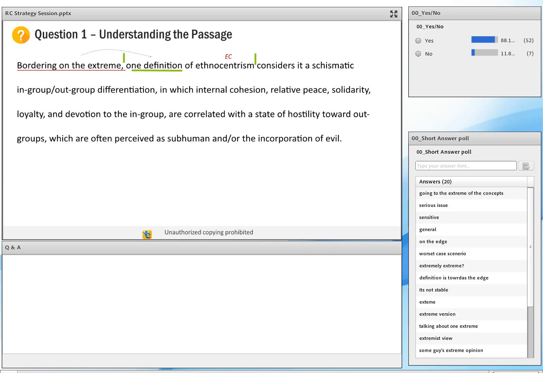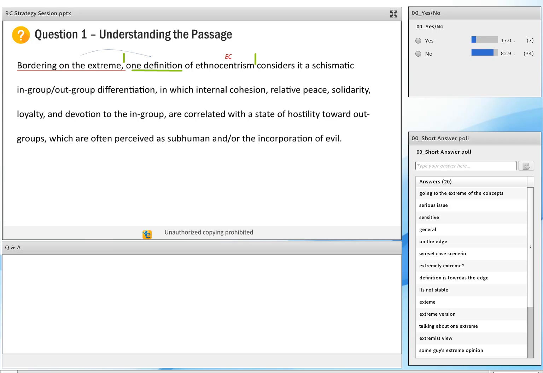It's not a generally accepted definition, right? So in my notes, what do I have? Exaggerated definition of EC. That's what I have written down in my notes. How many of you wrote that in your notes? Exaggerated or extreme definition of EC. Okay, so that is something which you should have written down in your notes. So write that down right now.